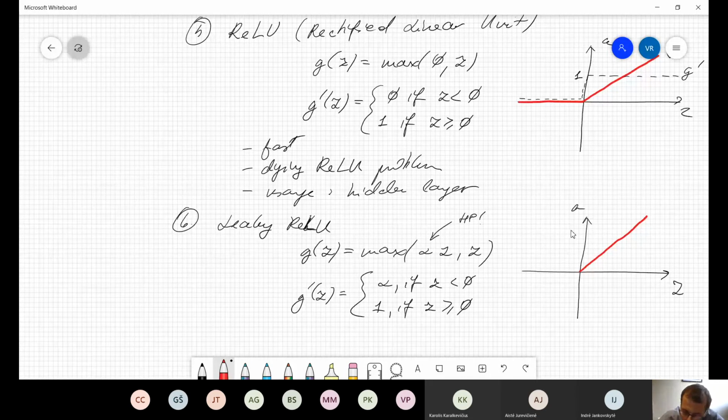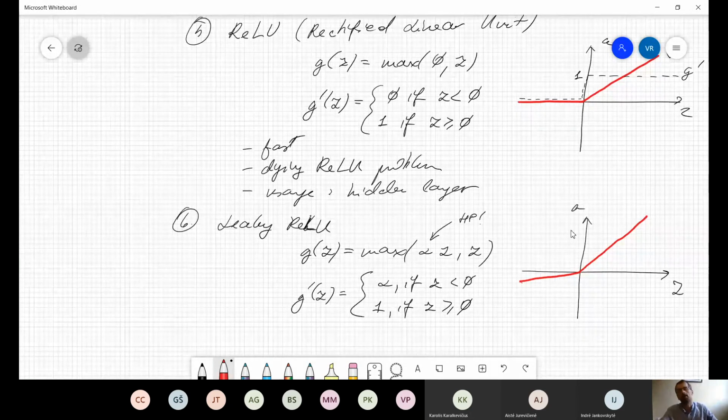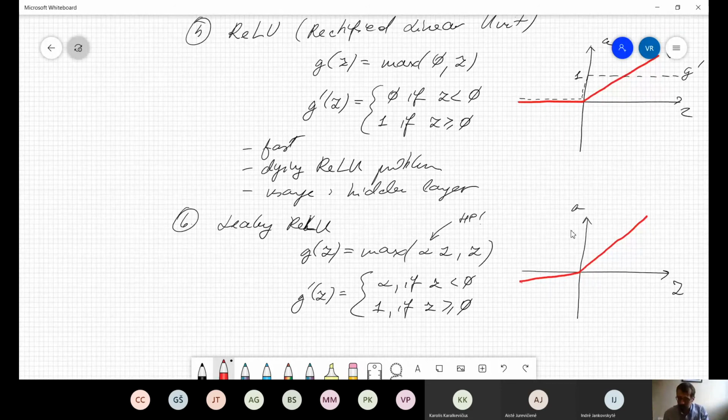On the negative side, it just returns some small value. As you can see, the gradient is alpha, not 0. This means that once the gradient backpropagates through this neuron, it leaks a little bit.